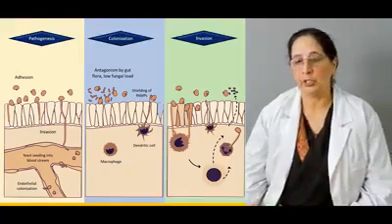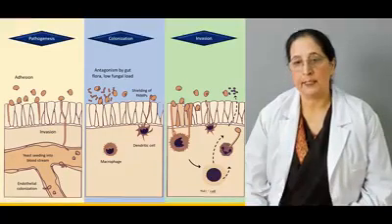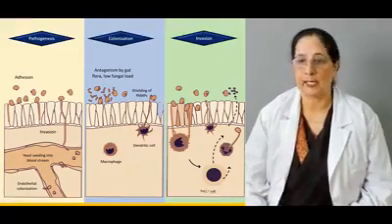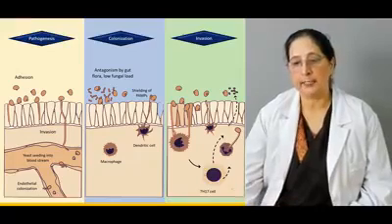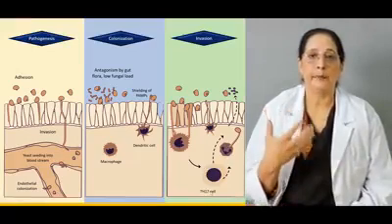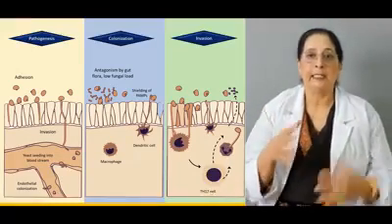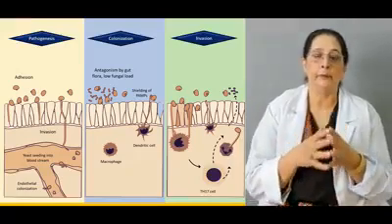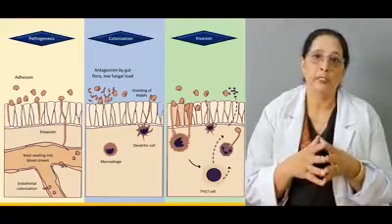Here you can see once there is invasion of the host cell, we have the T helper 17 cell. T helper cells are the cells which help in the functioning of the T cells. And T cells are the most important cells of the immune system.